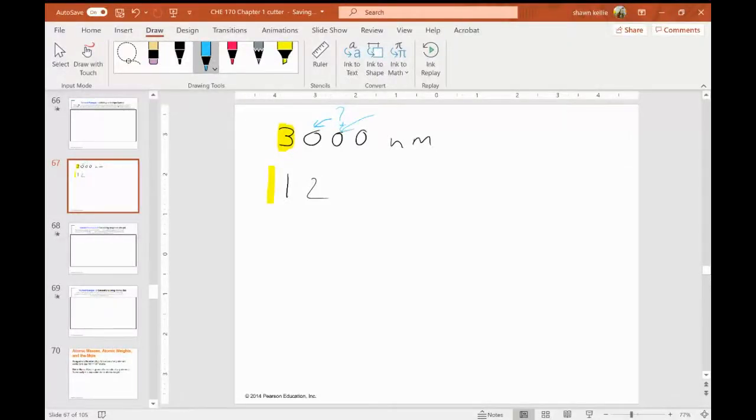We don't know if they were able to measure the 10 spot or not, or if they were just using it to hold place value. So it may have 3 sig figs. We don't know if they were able to measure the 1 spot or not. So it may have 4 sig figs. So this could have anywhere from 1 to 4 sig figs.